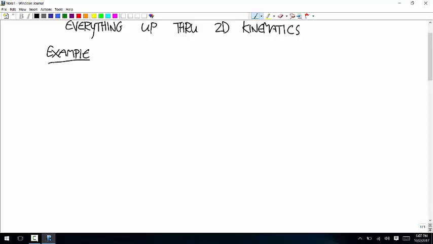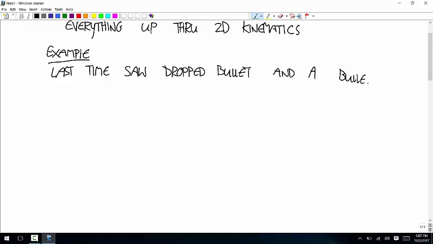Okay, so we ended last time with that bullet example. So last time we saw that a dropped bullet and a shot bullet, well, let's say a dropped bullet and a bullet fired horizontally would hit the ground at the same time.